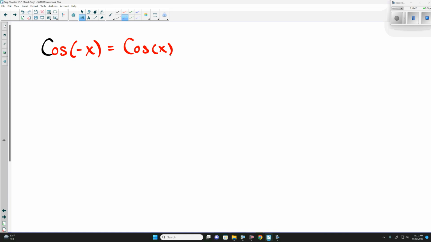Cosine of negative x equals cosine of x. We've actually had this. This is one of our identities. We said because cosine's an even function that this is true. And sine of negative x equals negative sine of x is true because it's an odd function.